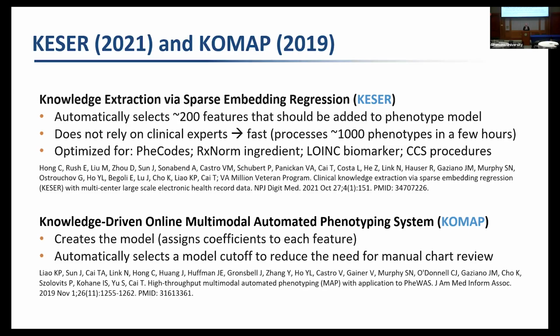COMAP will then take the feature list from CIPHER, combine that with Phenorm, and build you a model that incorporates both the number of times the patient's been seen for a condition, the total amount of healthcare utilization, as well as those 200 other features to give you an even more accurate model for that condition.